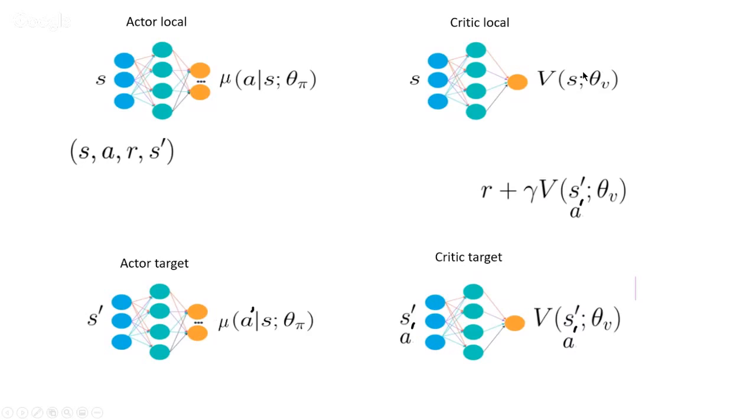Now we need to compute the root mean squared loss between our TD target, the ideal, and our action value. Now over here I have written S, but it should actually be S and A. So let me see if I can correct it.